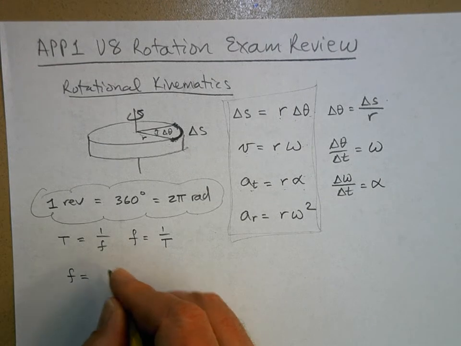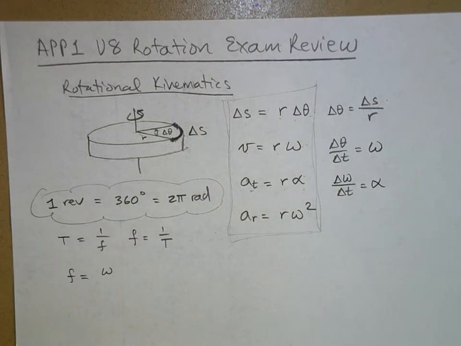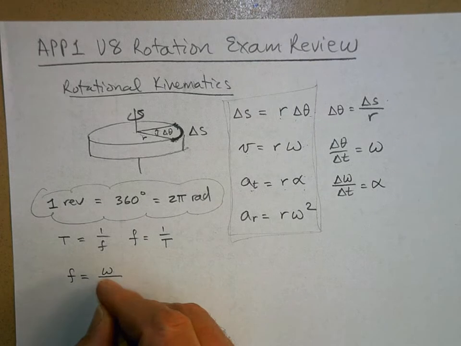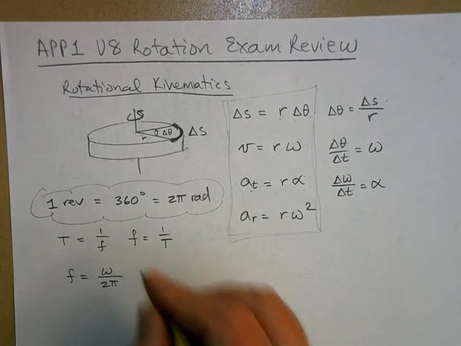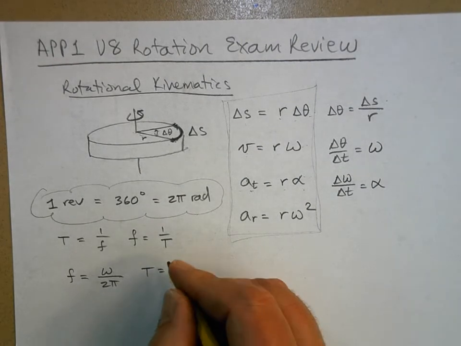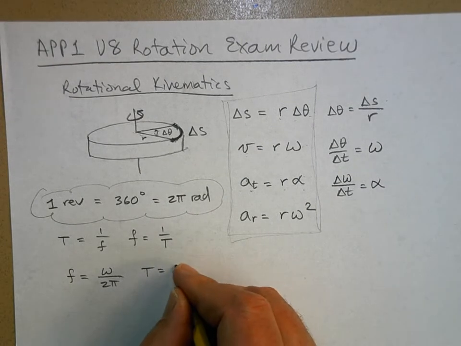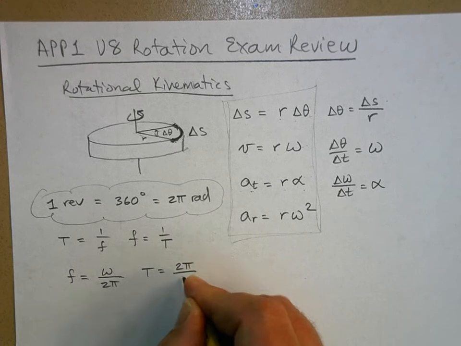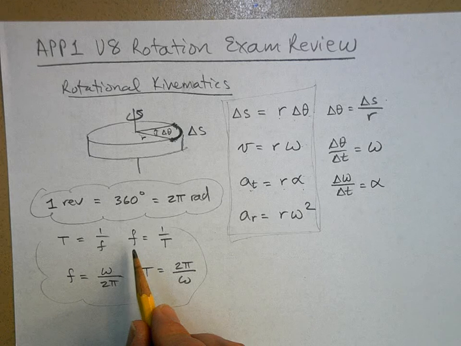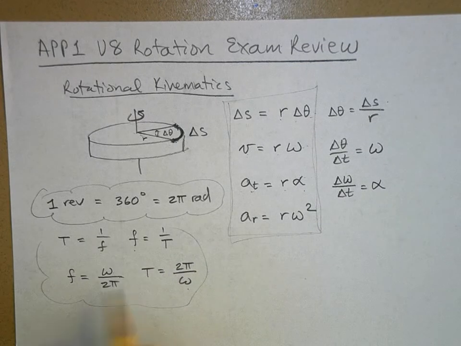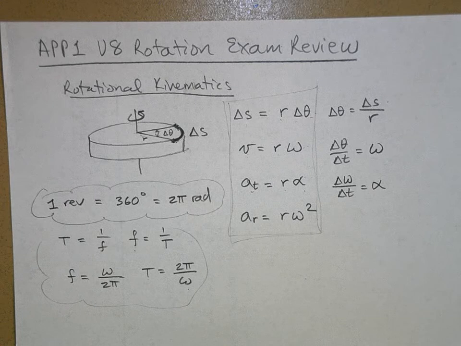That's equal to the angular velocity in radians per second divided by 2 pi radians per revolution. So this is the conversion factor, which means that the period is equal to 2 pi divided by omega. So these are just little equations between frequency, angular frequency, period, and their relationships.